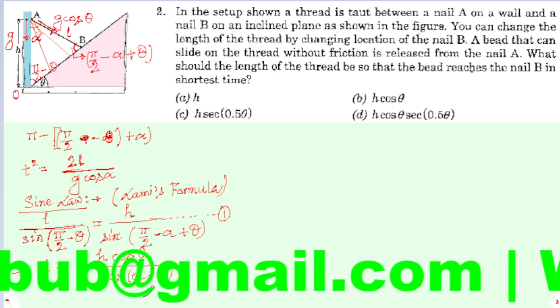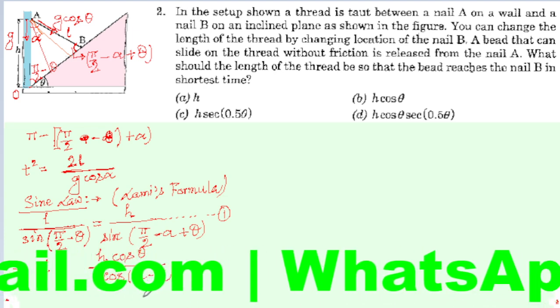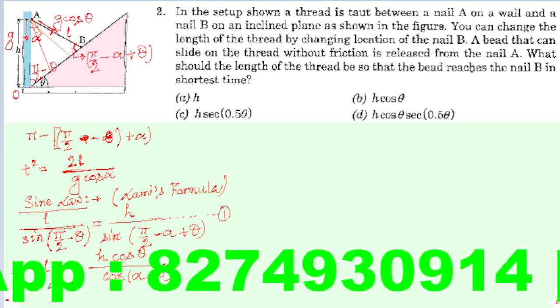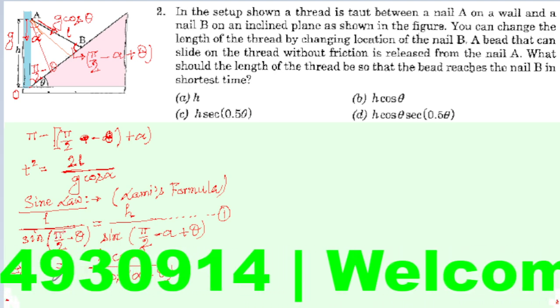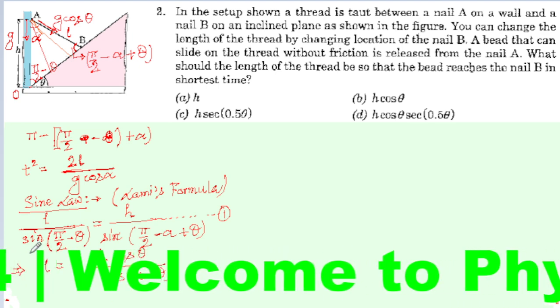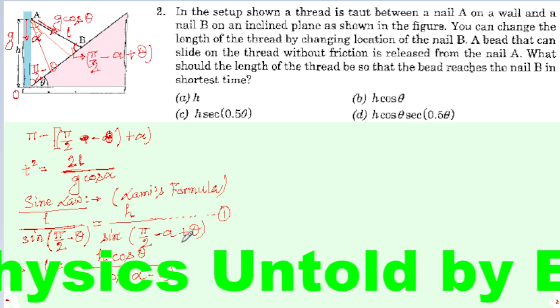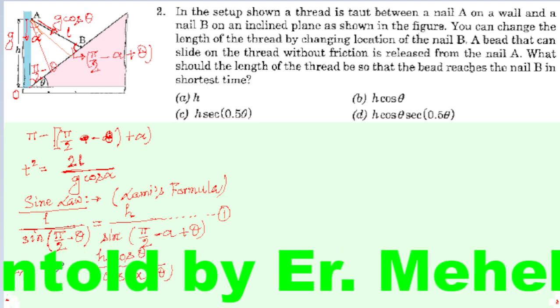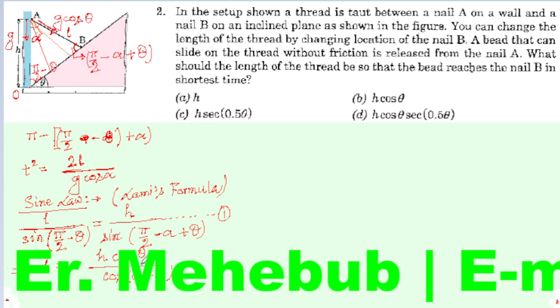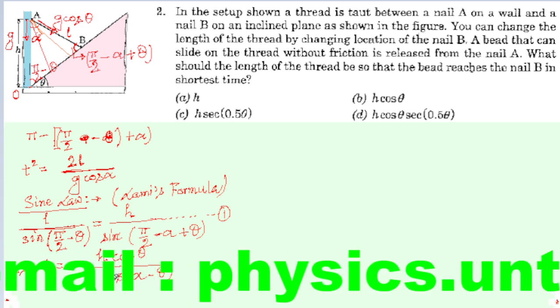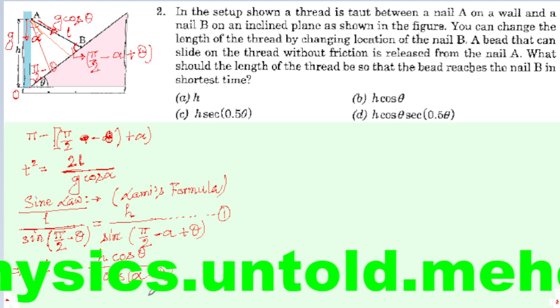Or we can write the equation for T square. Now as we are getting that L is equal to H divided by sine of pi by 2 minus alpha plus theta, from this equation we are getting L equal to H cos theta divided by cos of alpha minus theta.